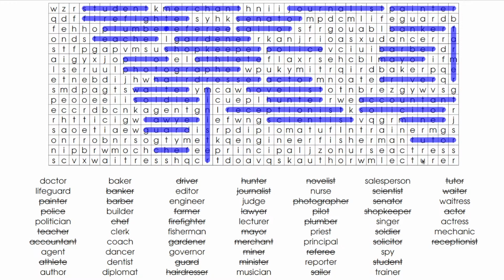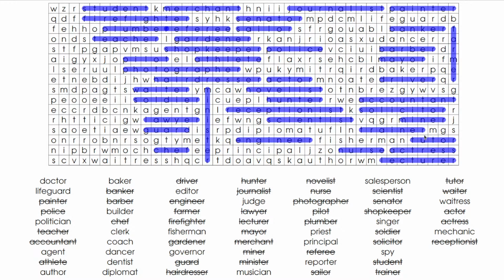Tutor is like a teacher, but it's more informal, I guess. Actress. Lecturer. Nurse looks after people at hospital or at a doctor's surgery. Engineer is responsible for designing things like bridges and buildings.